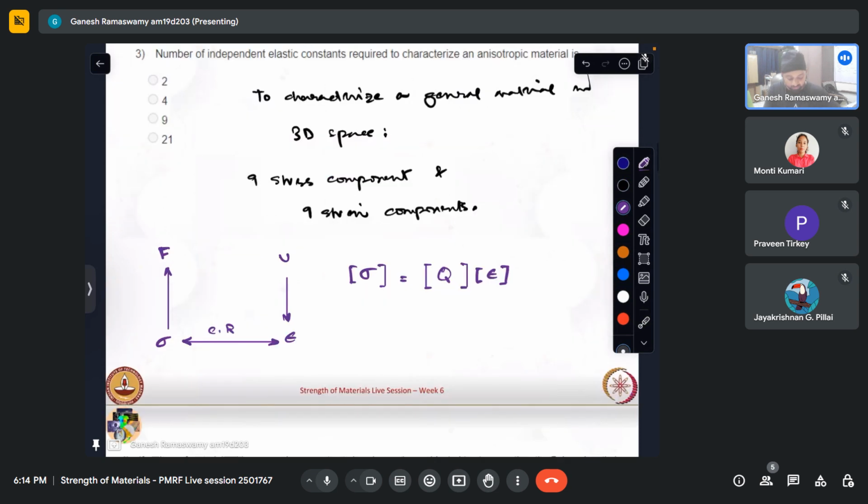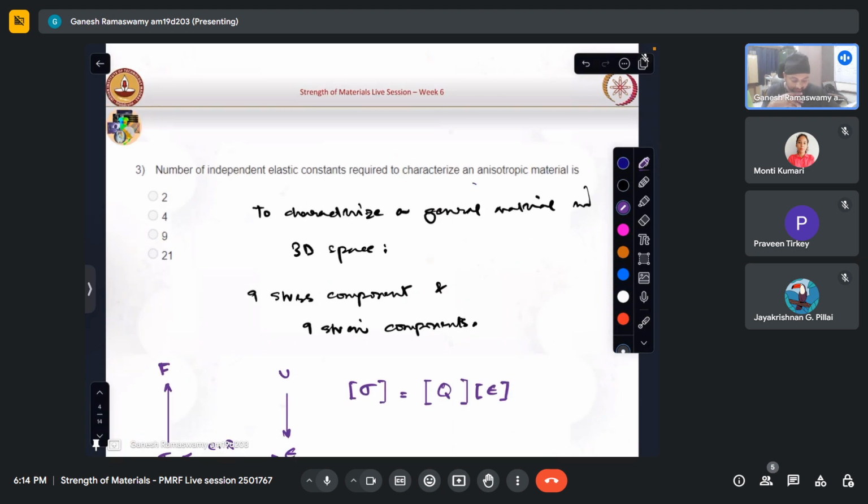Now, from an anisotropic material, when we graduate to an orthotropic material, we know that the material properties in orthogonal directions are different, which is why the name orthotropic has come. So using those relations, we will be further able to water down the number of constants required, which will come to 4.